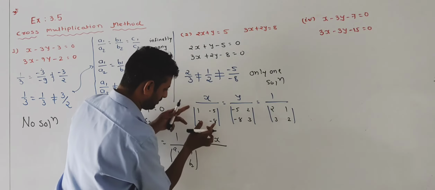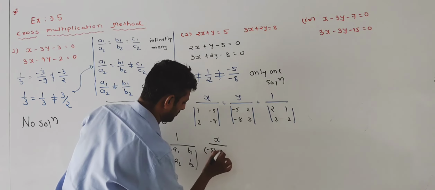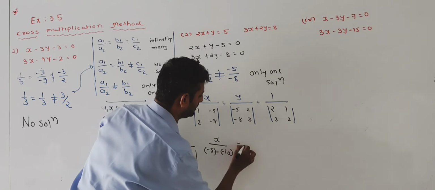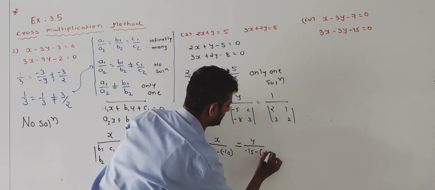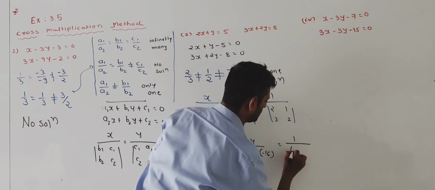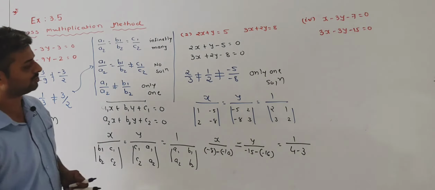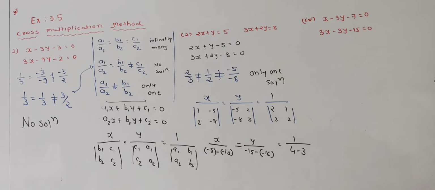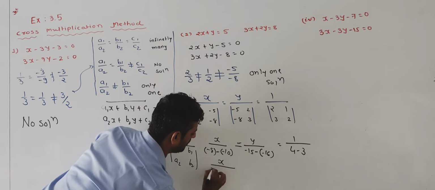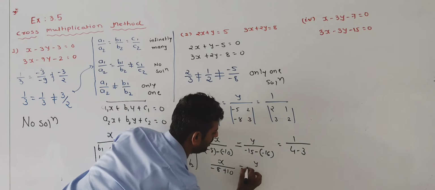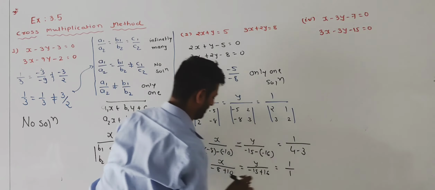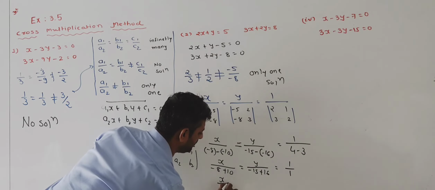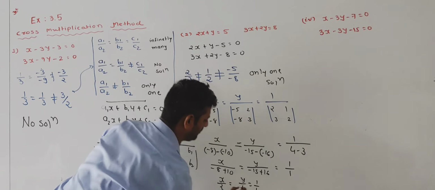So x upon minus 8 minus 10 is equal to y upon minus 15 minus 16 is equal to 1 upon 4 minus 3. But now x upon minus 8 plus 10, y upon minus 15 plus 16 is equal to 1 upon 1. So x by 2 is equal to y by 1 is equal to 1 upon 1.